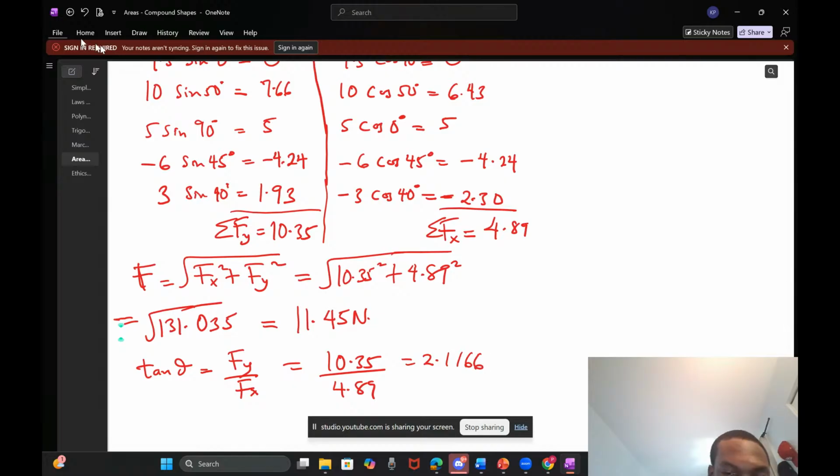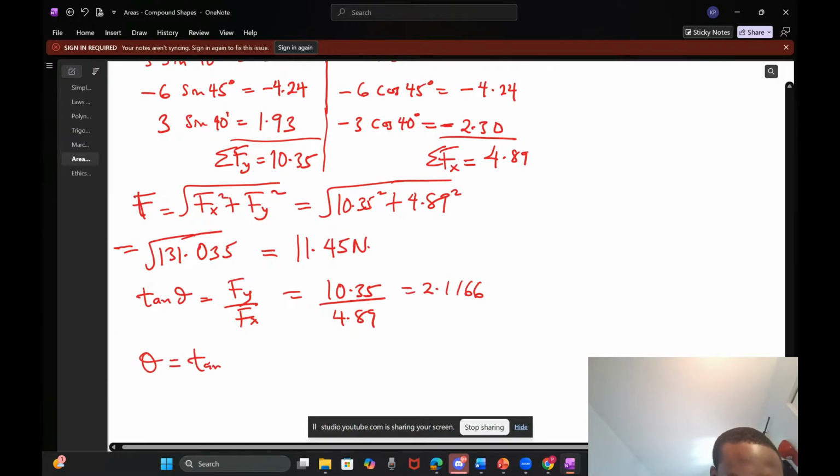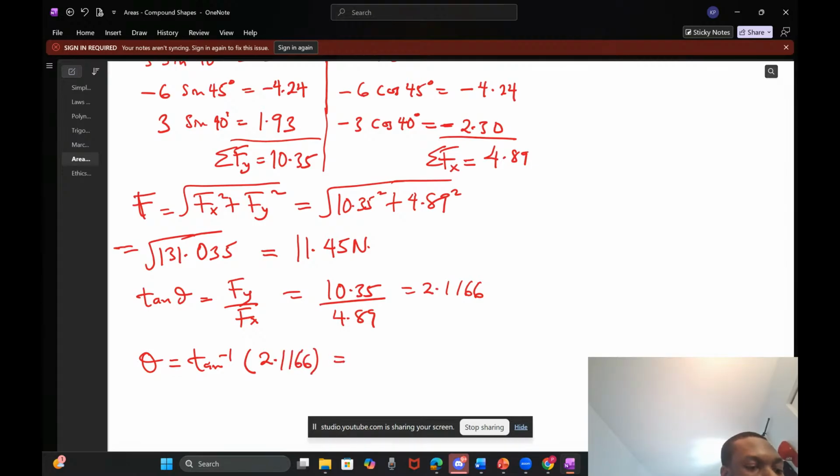I just hope I'll be able to find an angle like this. So theta is equals to arctan 2.1166. So okay, it's 64.7 degrees. So this is the answer we get. So I'll probably do one more example and then I'll move on to a new topic.